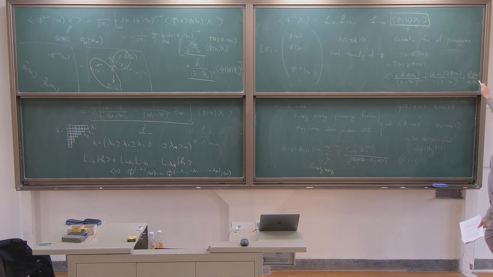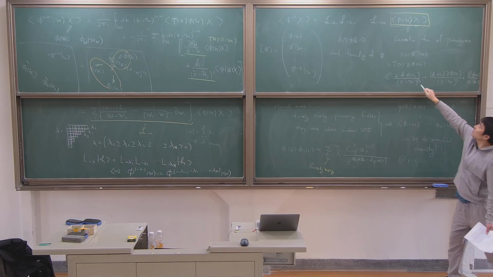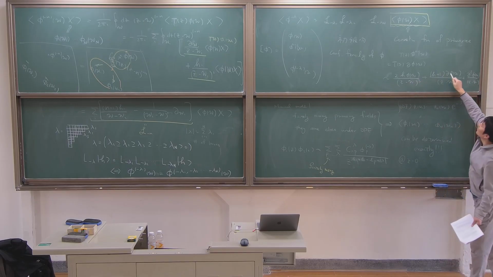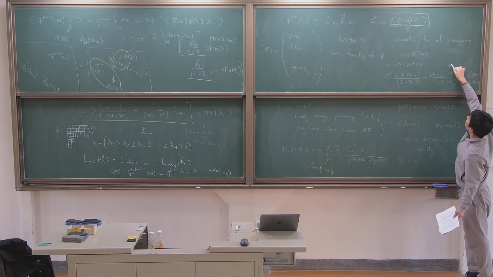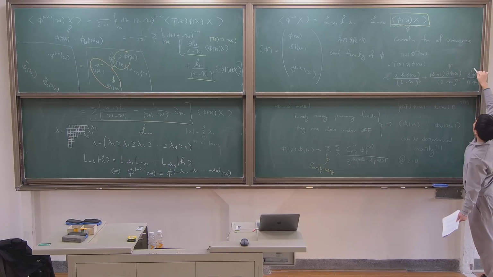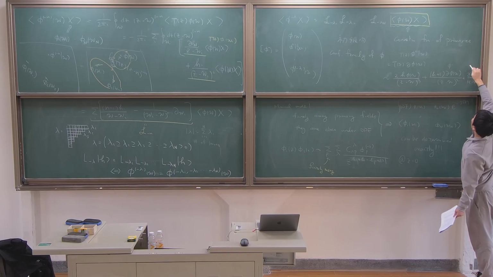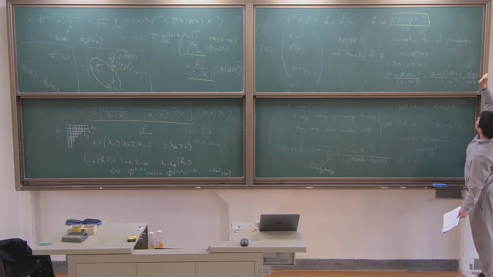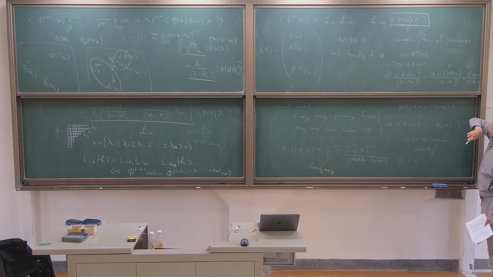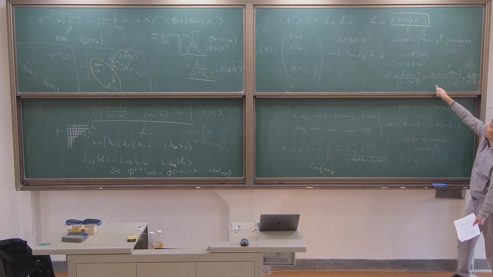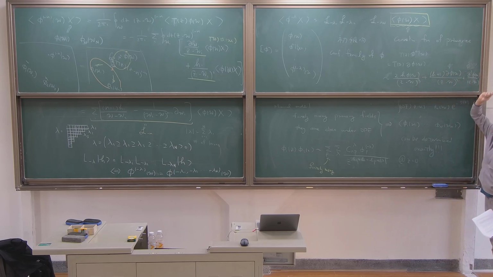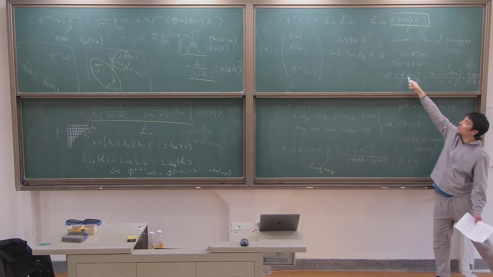So as you see right here, this is the primary field, right? This is the 5 minus 1, right? This is somewhat related. This one is 5 minus 1 minus 1, like this one. And then the higher order is no longer a pole. So therefore, only three operators enter under this OPE.